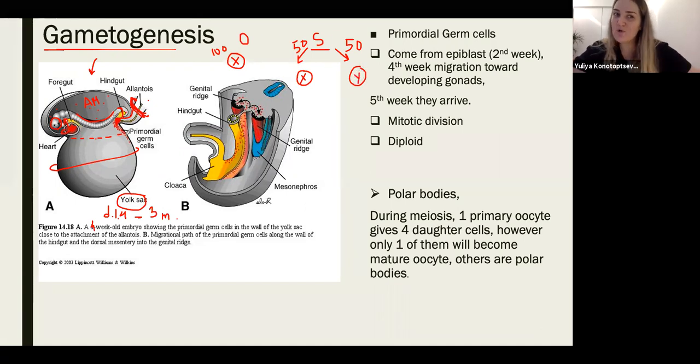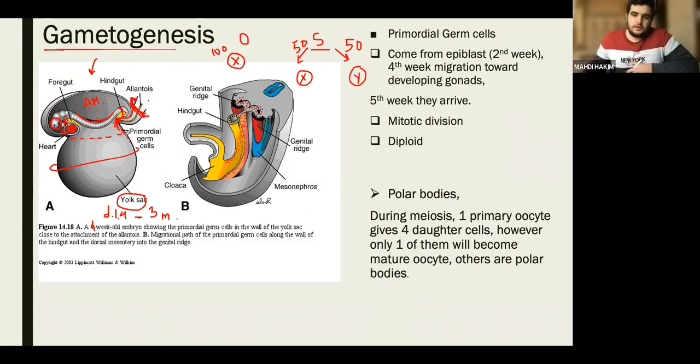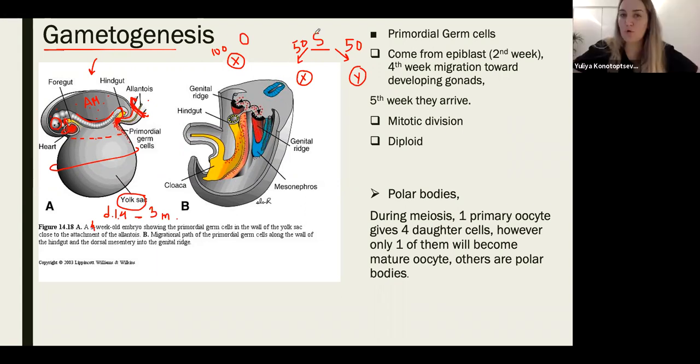So the sex of the embryo, the gender of the embryo, what does it depend on? On the male, on the spermatozoa? It depends on the spermatozoa. It depends which exact spermatozoa has fertilized your oocyte, right?